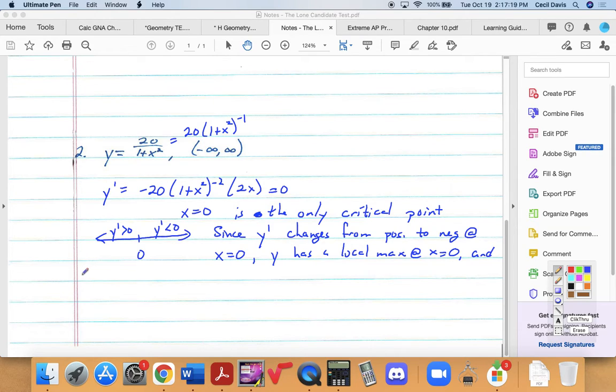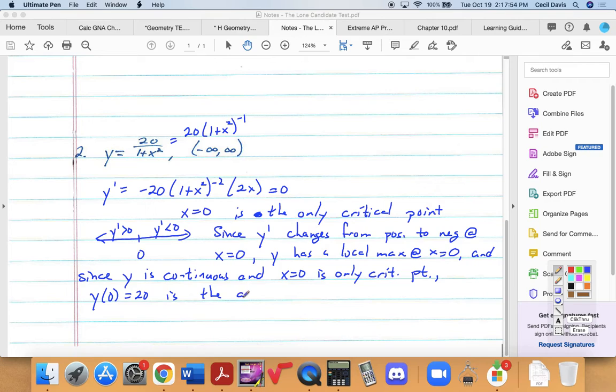and since y is continuous, and x equals 0 is the only critical point, I know I've said it already, but I want to get it all in one sentence: y of 0, which is equal to 20, is the absolute maximum.